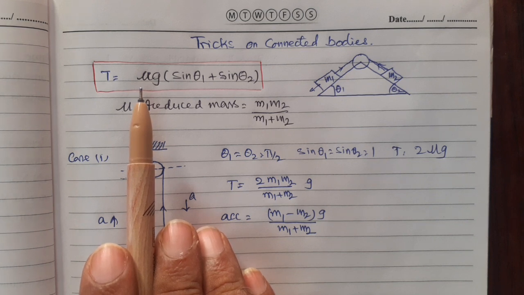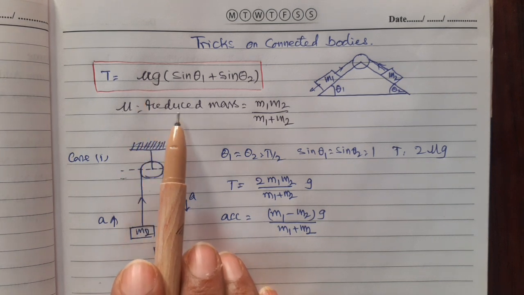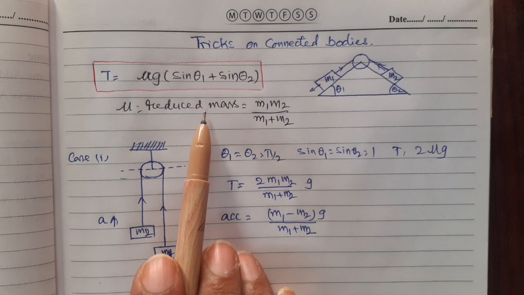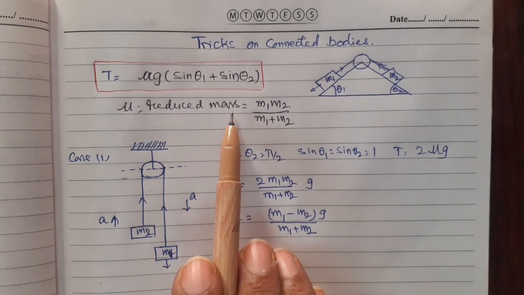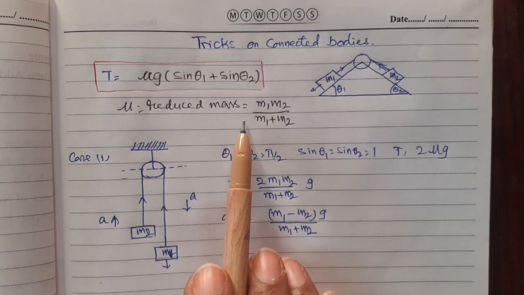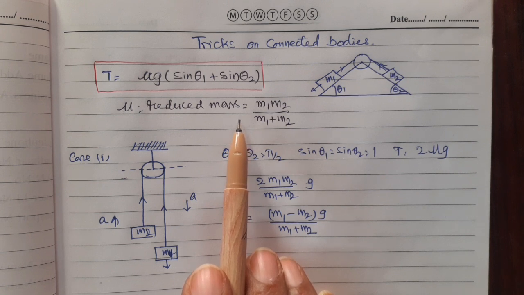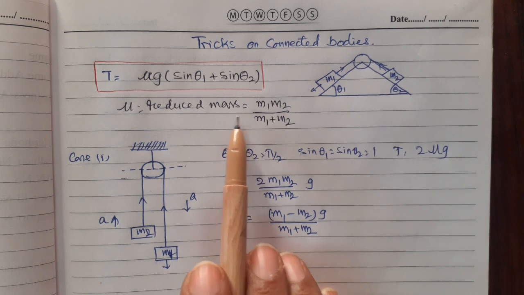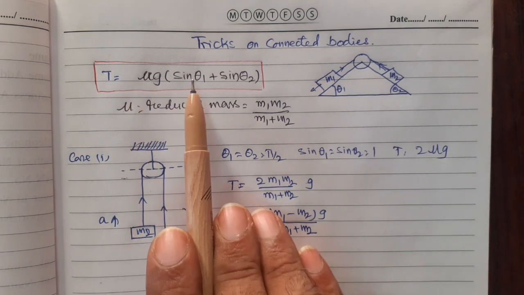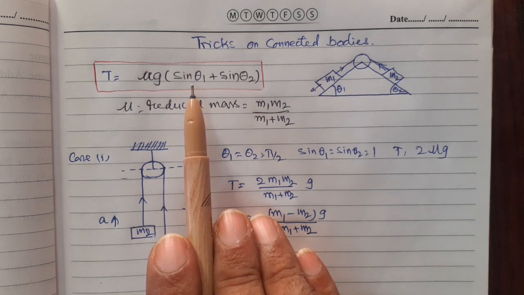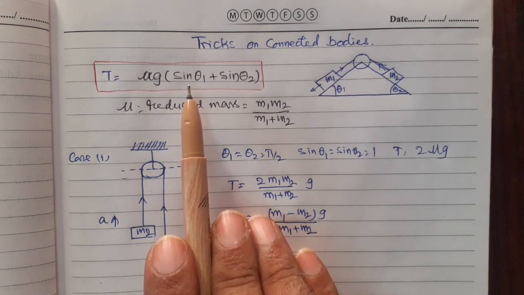It is the reduced mass, which is equal to m1 m2 by m1 plus m2. The reduced mass simply converts the two body problem into a single body problem. Using this equation we can simply calculate the tension in most cases.